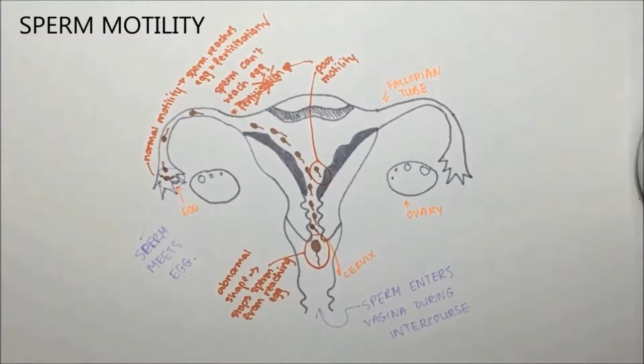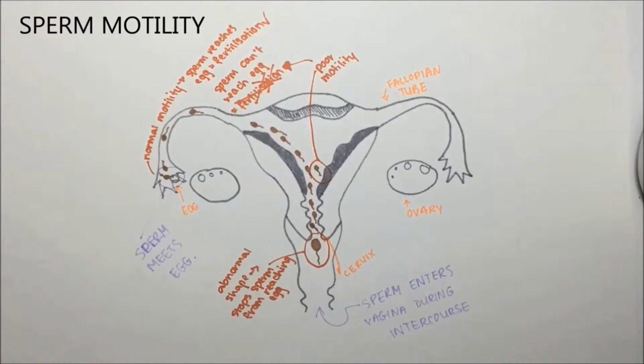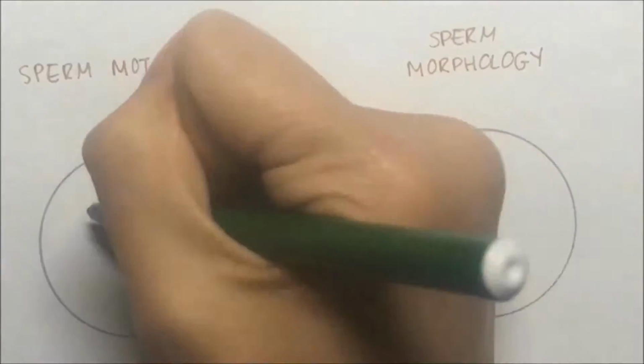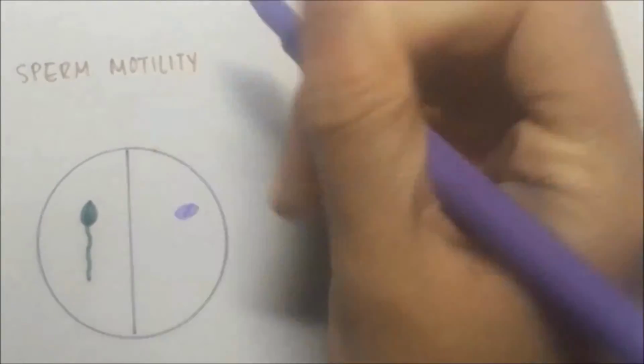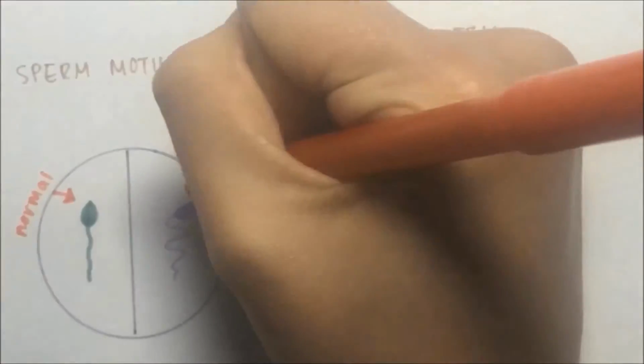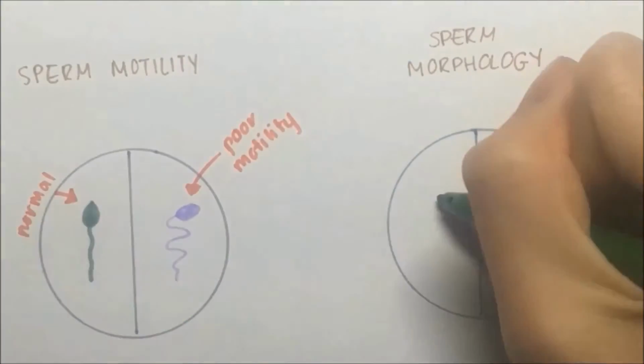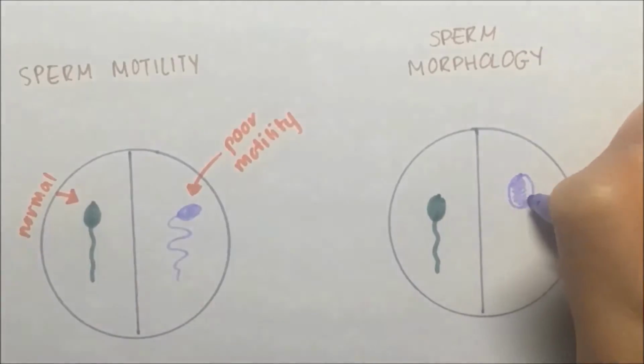If a male's sperm motility lies at 40% or below, then the chance of a fertilized egg is lower and can result in infertility. Those who have a percentage of 50% or above are much more likely to fall pregnant.